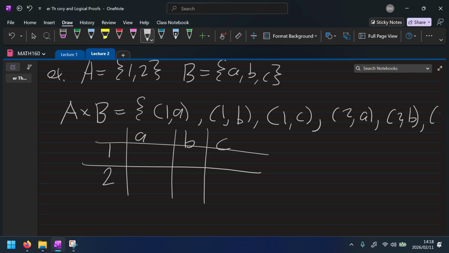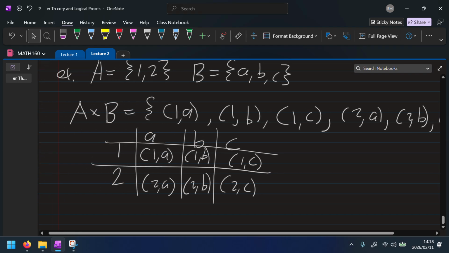We take 1 with a, that row with that column, 1 with b, 1 with c, and we're done with that. 2 with a, 2 with b, and 2 with c. Now there are no more columns because we're done with B, and no more rows because we're done with A. These are all of the pairs, and that's what we listed out at the top. It's just another way of making sure you have everything.